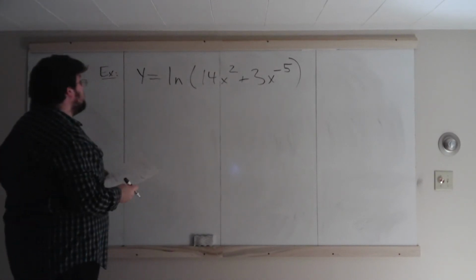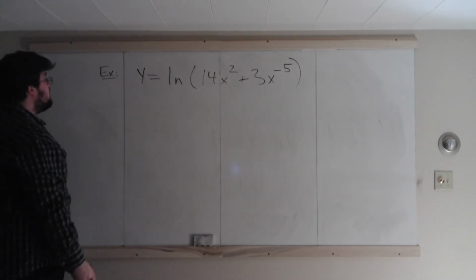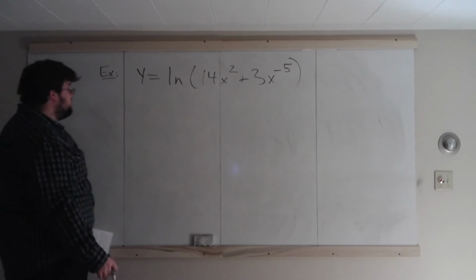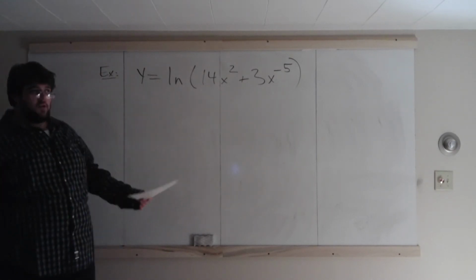How about this one? y equals log of 14x squared plus 3x to the negative fifth. Well, we know how to take the derivative of log of x.